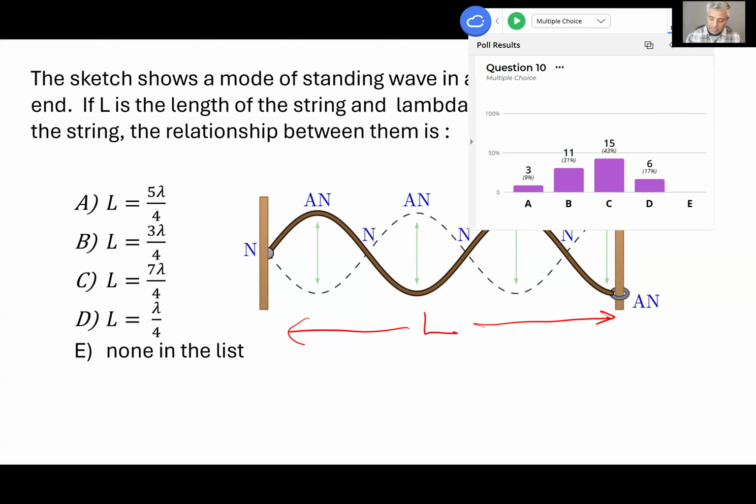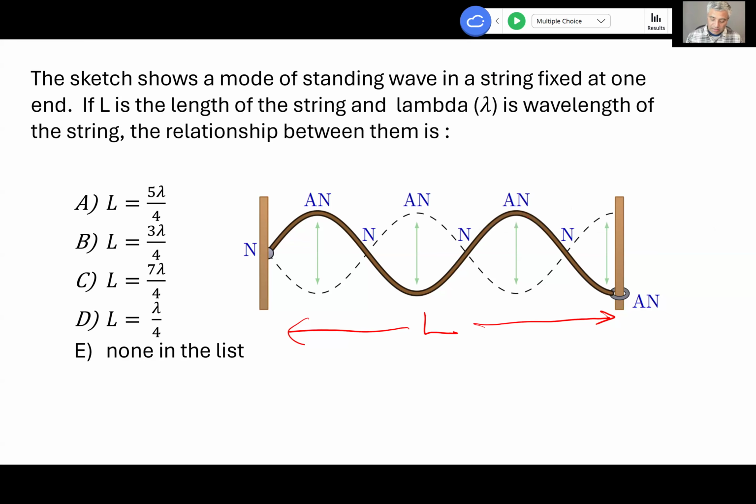Okay, let's see what we got here. So what we need to remember here is that, see, from here to here is 1 wavelength, means this is half wavelength, and this is quarter wavelength. Okay, so from node to antinode is quarter wavelength.